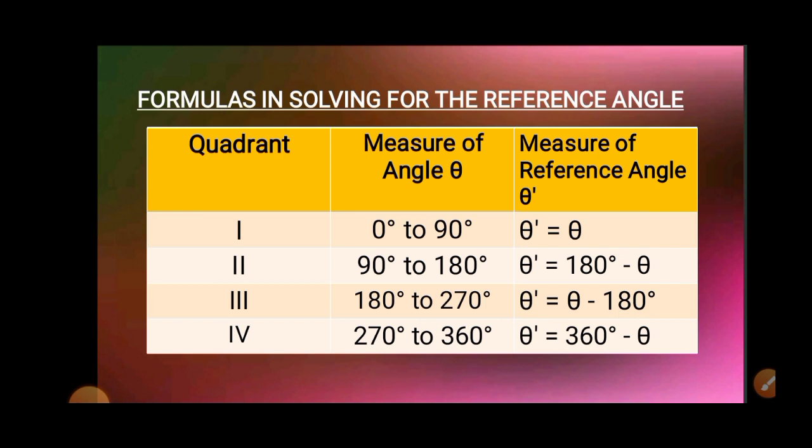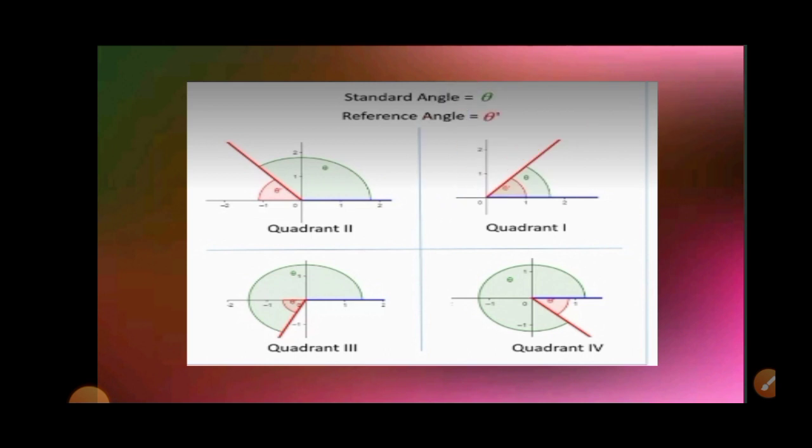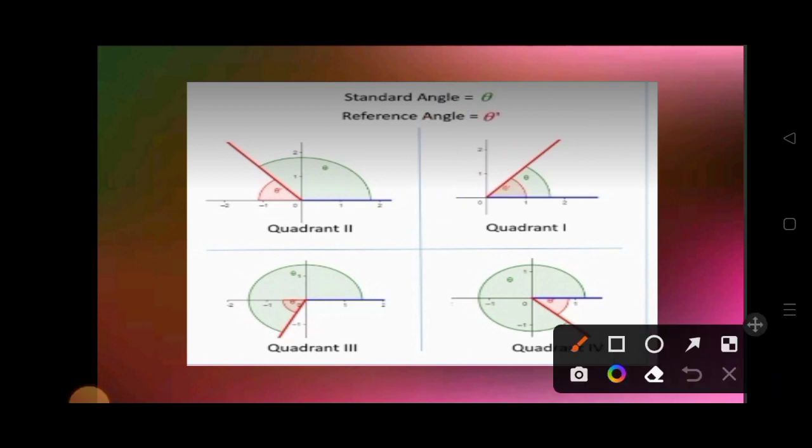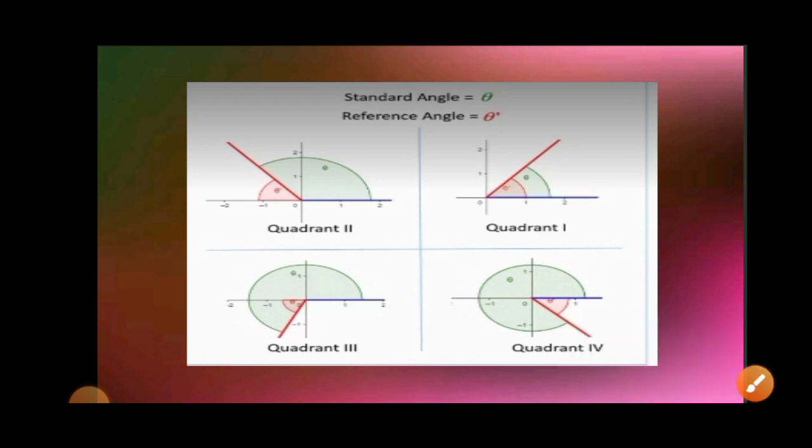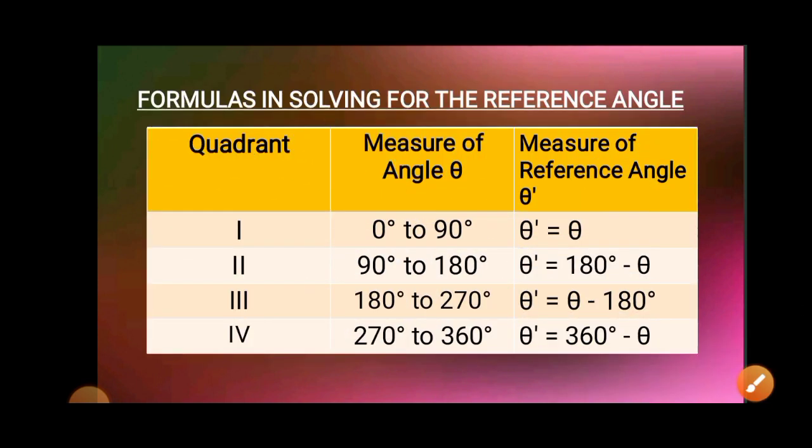So here are the formulas in solving for the reference angle. In quadrant 1, the measure of the angle is 0 degrees to 90 degrees. Here, from here to here, which is quadrant 1, 0 to 90 degrees. The measure of the reference angle is equal to the standard angle.